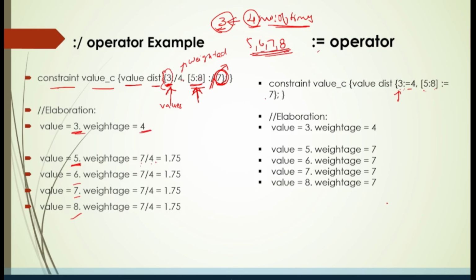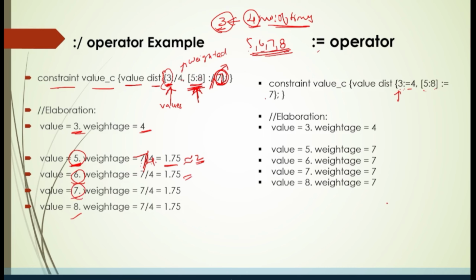But when you are using colon slash within a range, the weightage is divided among the values. What is the weightage here? 7. And how many values are there? 5, 6, 7, 8. So 7 divided by 4 is 1.75, which is approximately 2. That means the probability that 5 comes is 2 times, and the probability that you can expect 6 is 2 times.